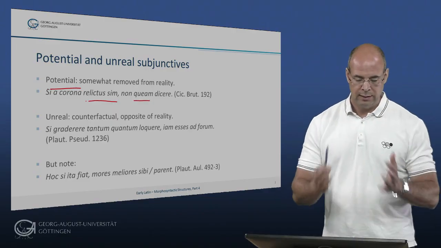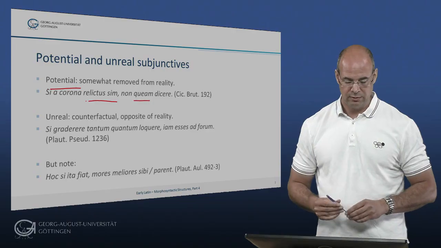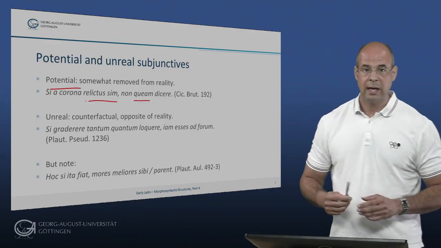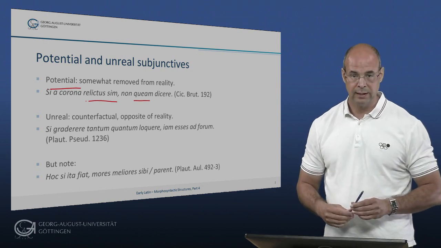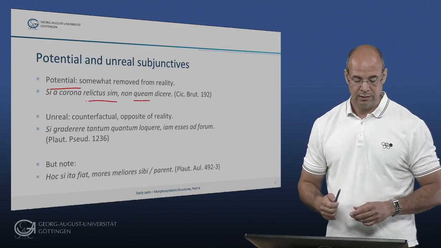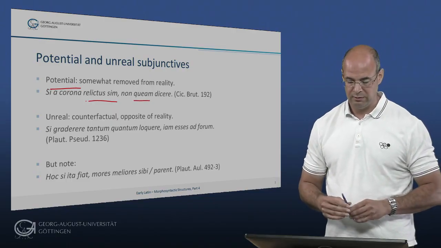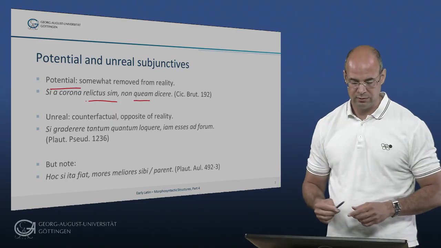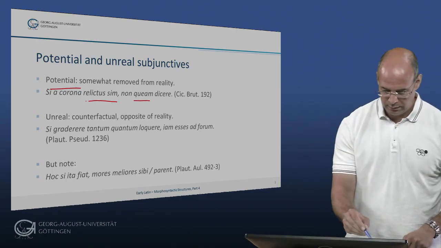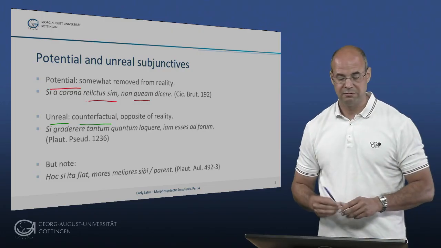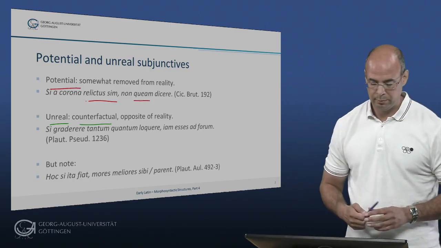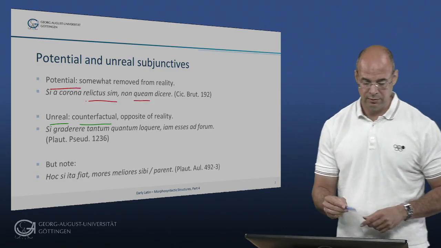Now, in early Latin you find that same kind of construction, but we also find unreal subjunctives. And as I said, in classical Latin and also in early Latin, it's mostly done by using an imperfect subjunctive for present unreal conditions. So, unreal subjunctive, counterfactual, opposite of reality. I'm giving you an example here from Plautus, from the Pseudolus.